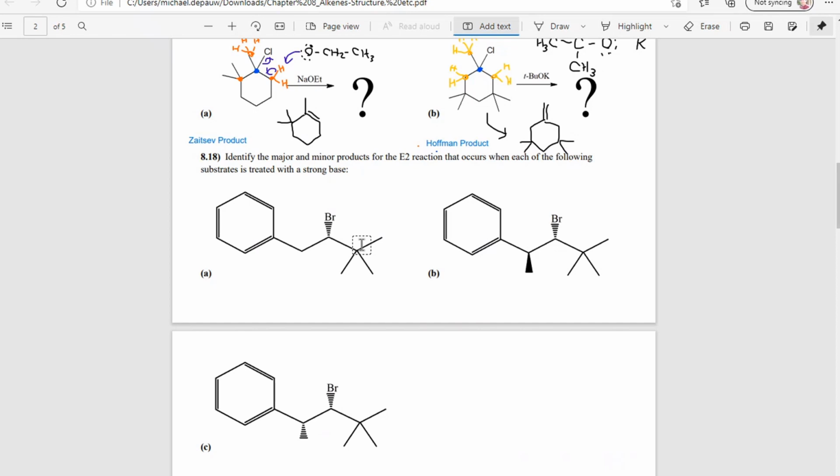Rather, the only time this reaction happens is when the hydrogen that's being ripped off is on the opposite side of the leaving group. Because strong bases attack from the back. In that reaction.